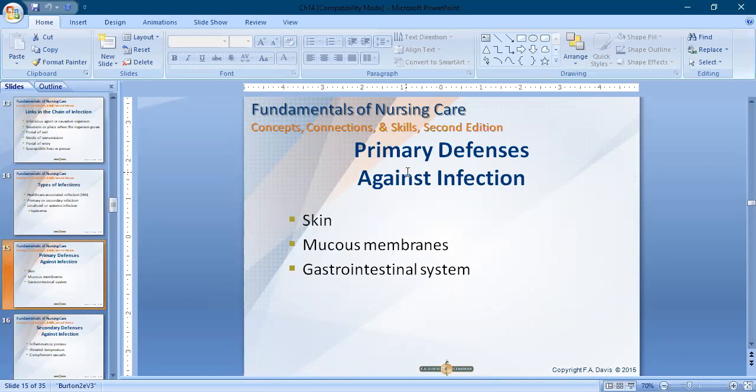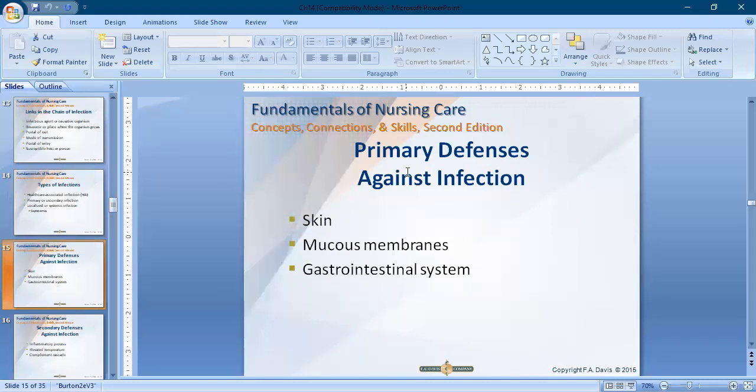The defense mechanism. When anybody is attacked by an organism or pathogen, our body has its own defense mechanism. First is your integumentary system, or skin. Intact skin can protect against bacteria.